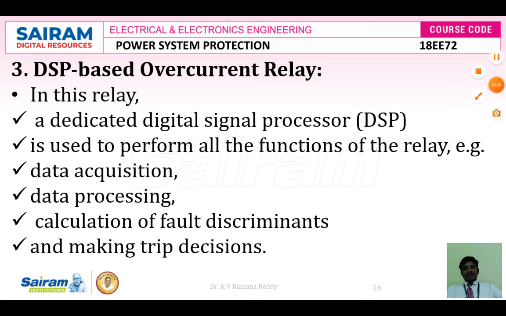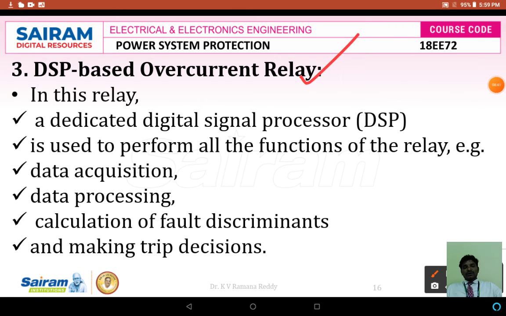The next type of relay is called a DSP based overcurrent relay. What is a DSP based overcurrent relay? It is nothing but a digital signal processing based overcurrent relay. In this relay, a dedicated digital signal processor is used to perform all the functions of the relay.